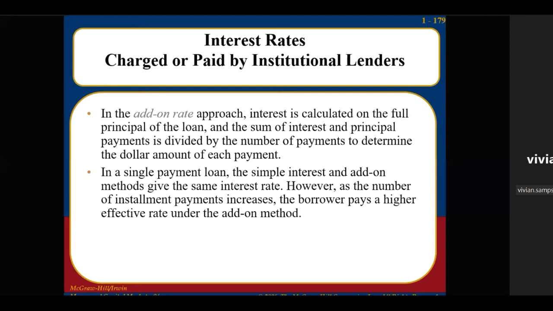Now that is the principal part. What about the interest of 8%? The 8% is an annual rate, a per annum rate. So we have to put it on a periodic basis, on a monthly basis.